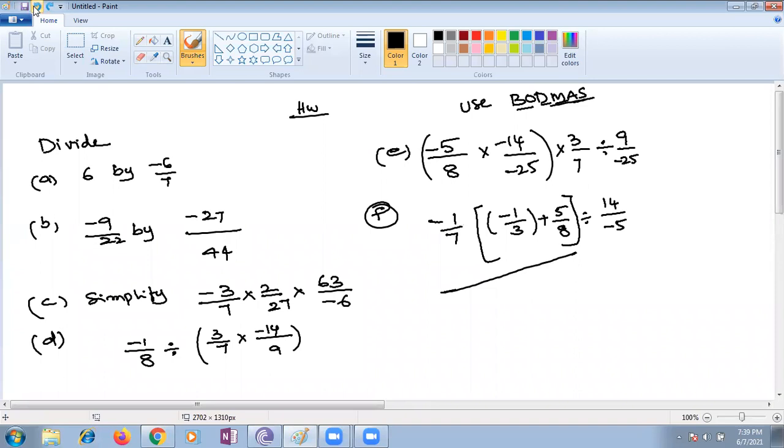Ma'am, I have a doubt in F1. How can a small bracket represent minus? No, the small bracket is only for a negative rational number. Without the small bracket you can also write this as minus 1 by 7, bracket 1 by 3 minus 1 by 3 plus 5 by 7.